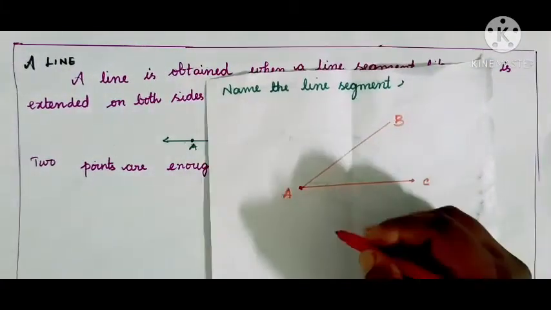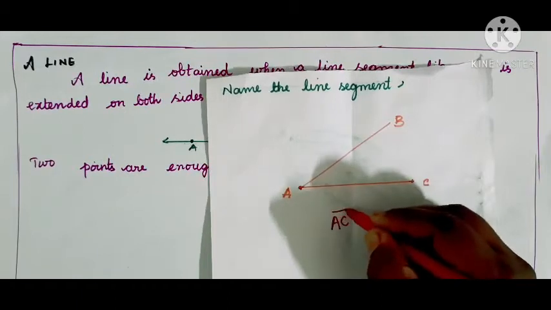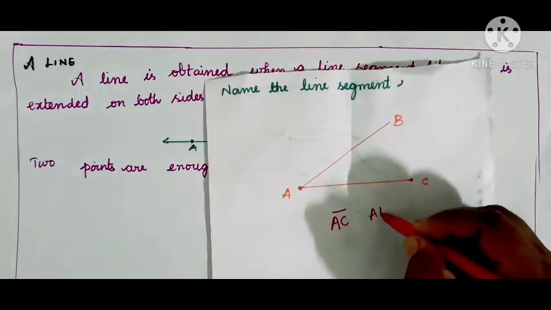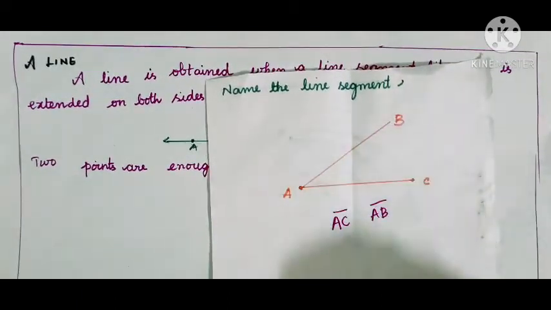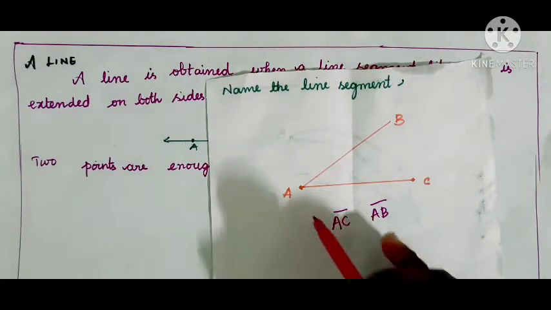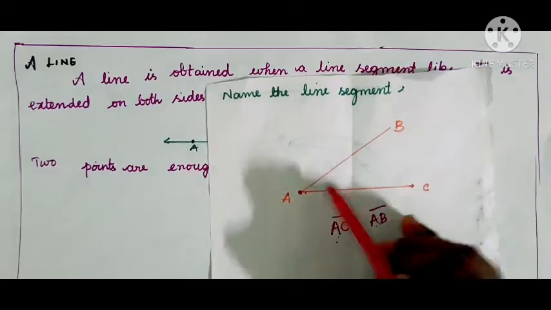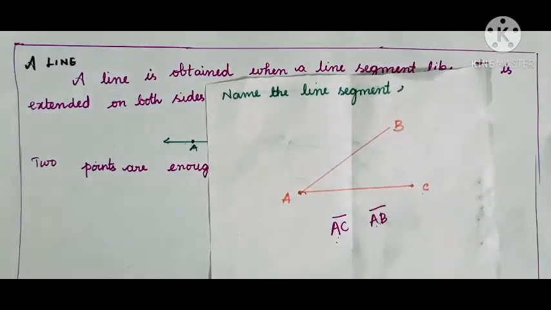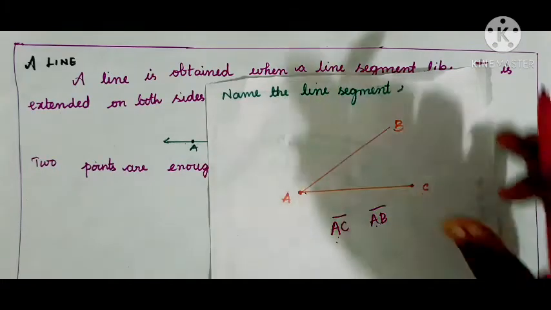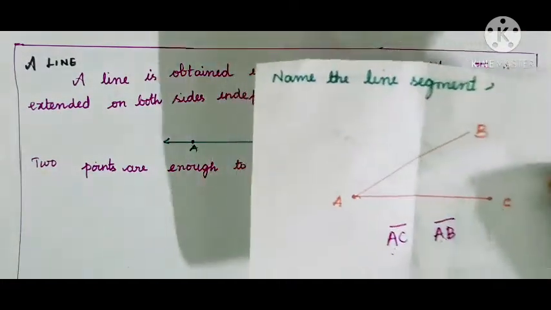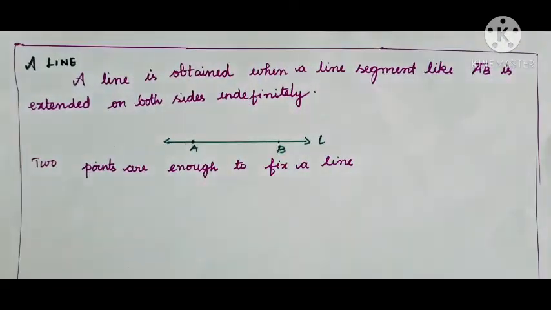So it can be said as AC, one line segment, and AB, another line segment. Understand? So the end point of each line is A. Both have the end point as A. So AB and AC are the line segments. You can mark it in the book itself, page number 71. Is it clear?